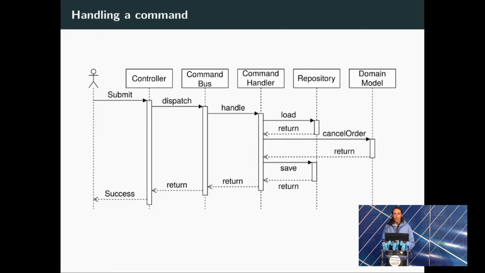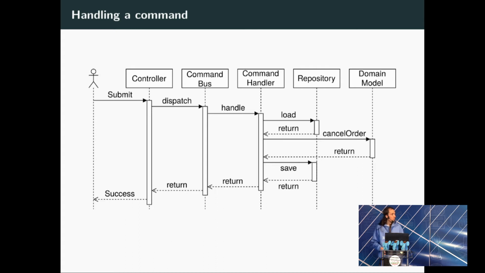The command handler will then call a method. It could be cancel order. You could actually have a specific method that it knows to call. More recently, in the systems I've been building, I just have a handle method on the domain model, and the command handler just passes the command as a whole through to that, and that allows the domain model itself to deal with handling it and extracting the data that it needs from the command.